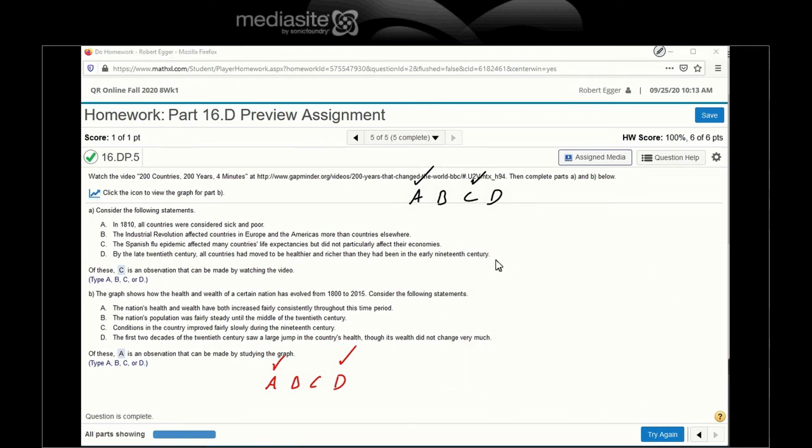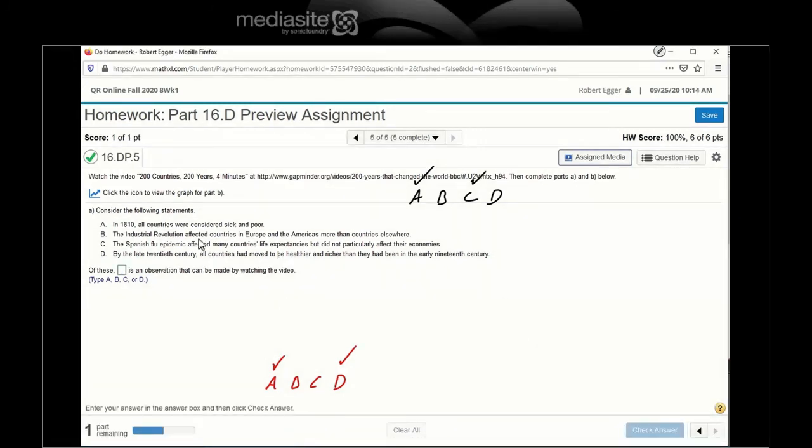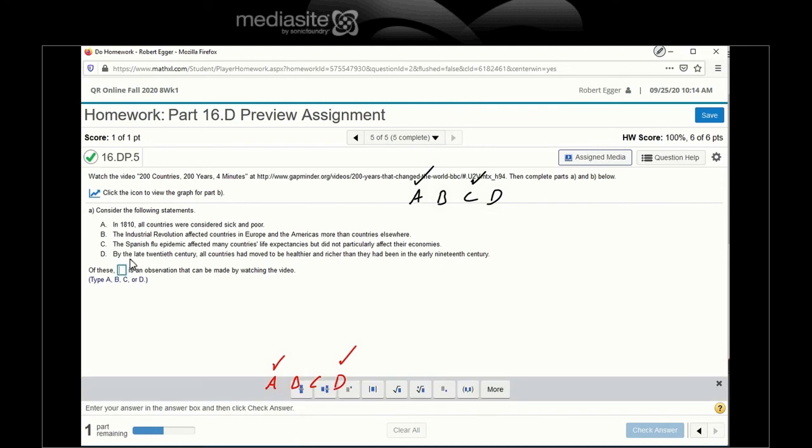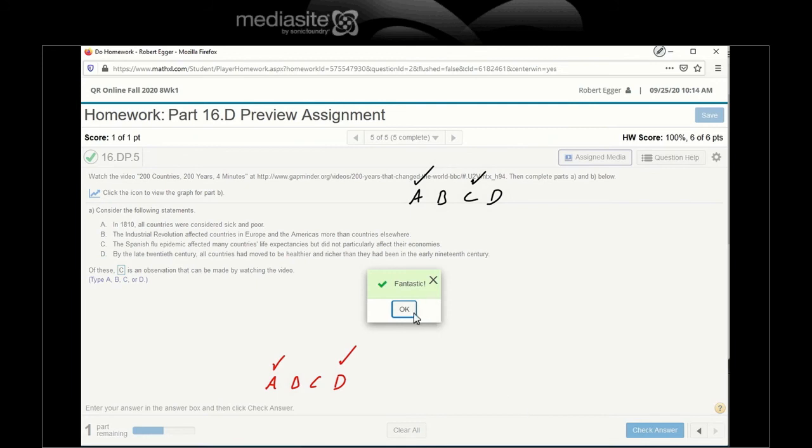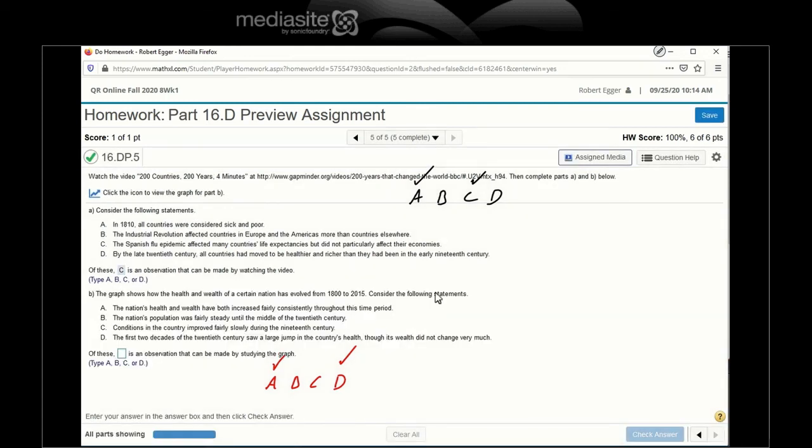Let's try it again. C was correct also. Well, we said D last time.